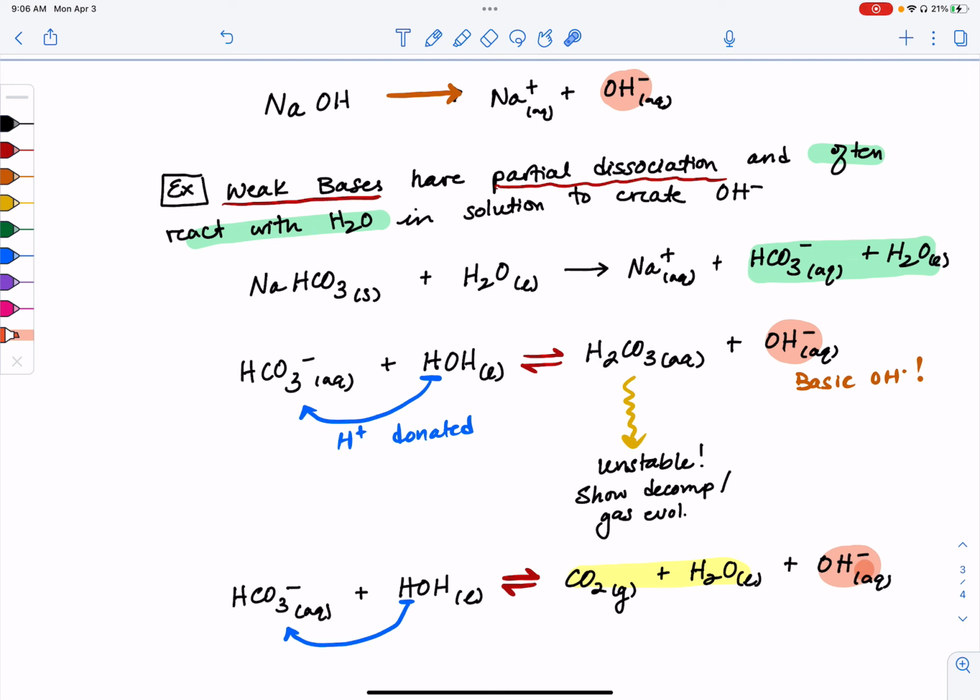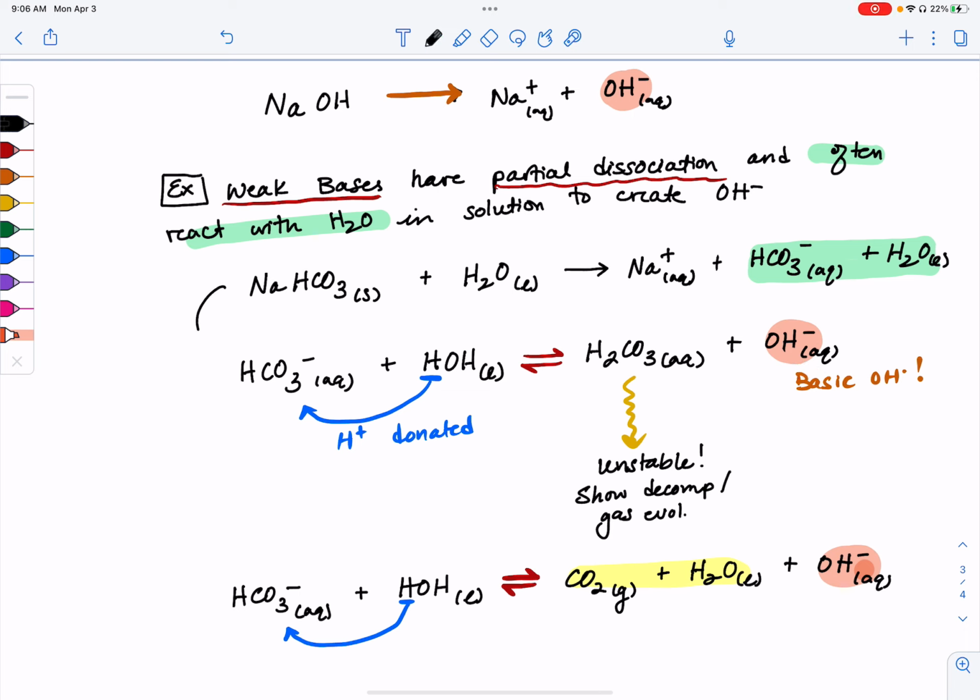And the whole concept of weak acid and weak base chemistry is really reserved for Chem 220. But I did just want to demonstrate to you why it is that bicarbonate or sodium bicarbonate can be treated as a weak base. Same with ammonia. And the reason is the interaction between water and the bicarbonate ion that creates this basic hydroxide in solution.